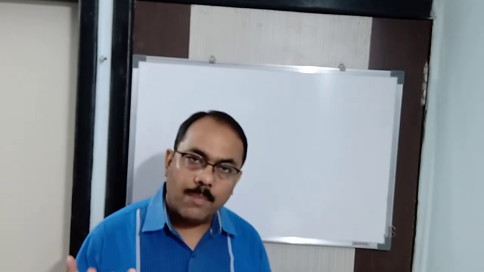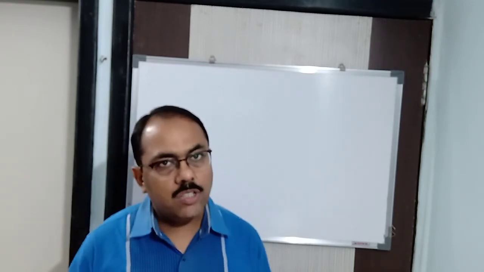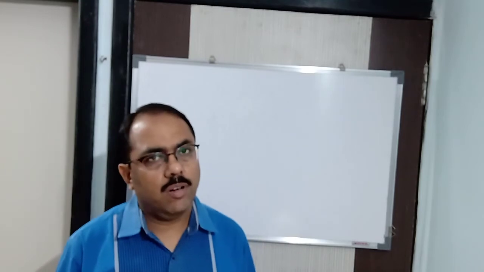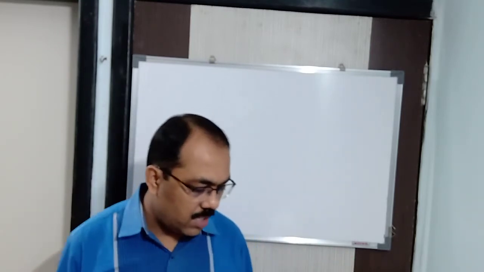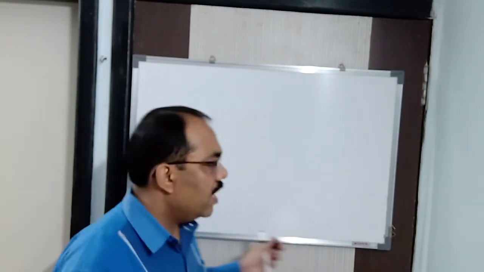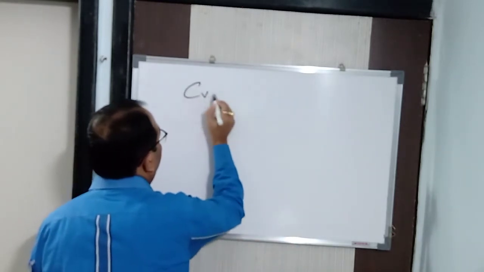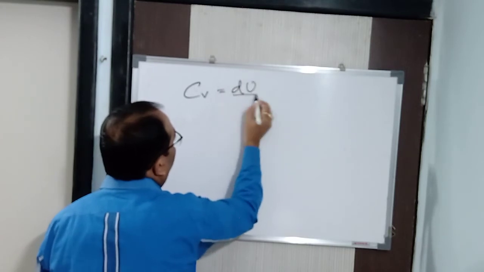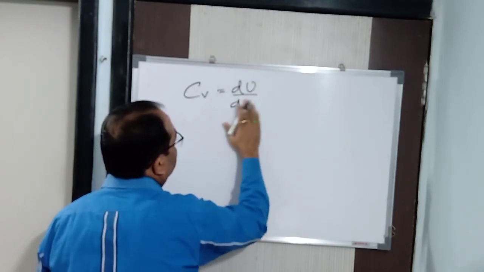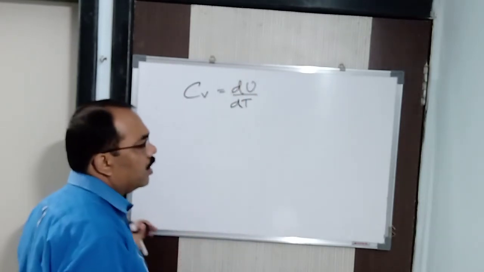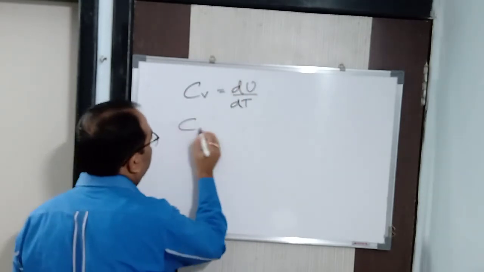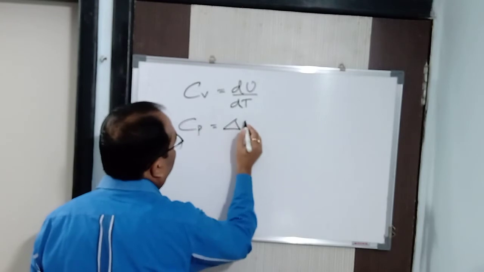So the amount of heat required to raise the temperature through 1 degree centigrade at constant volume is called Cv, and at constant pressure is called Cp. So when I say Cv, it is dU by dT, because at constant volume we measure the internal energy of the system, and at constant pressure we measure the enthalpy.